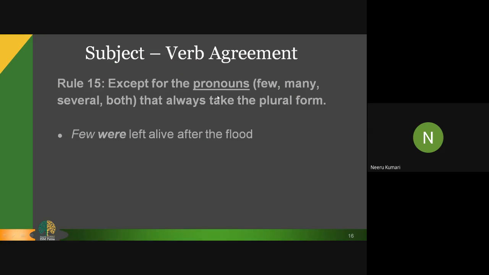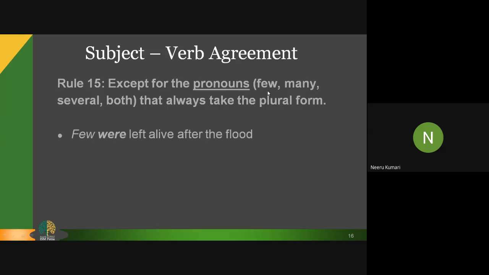So you should always remember, whenever we are using sentences with words like few, many, several, both, the verb form that is included will always be either are or were. If it is in the present tense, it would be A-R-E, are. And if it is in the past tense, it would be W-E-R-E, were. You have to keep this in your mind.